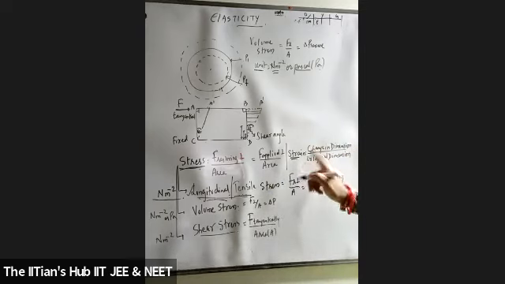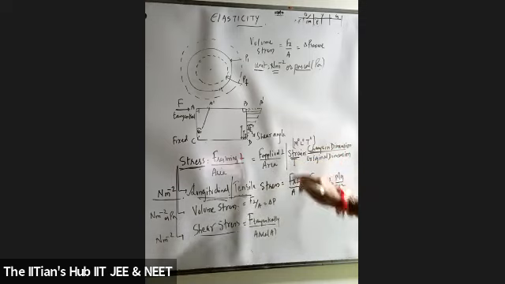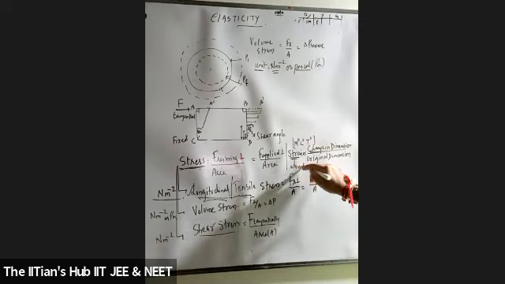That is why, students, strain has no unit. It's dimensionless. It's M raised to 0, L raised to 0, T raised to 0. It's a pure ratio. If somebody asks you, does strain have any unit? No, it's a pure ratio. Why? Because it's a ratio of change in dimension upon original dimension.